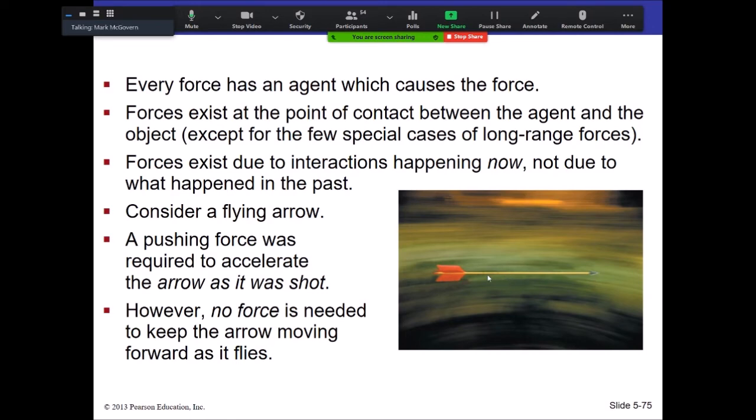Now you say, well, something shot this arrow, right? There was a bow. You had to draw the string and shoot it, right? So that's a force. Yeah, but is that in contact? Is the bow in contact with the arrow as it flies through the air? No. No forces need to keep the arrow forward as it flies.